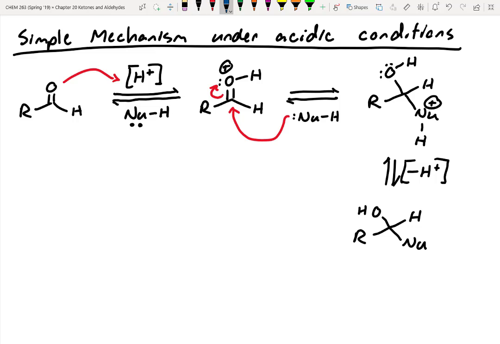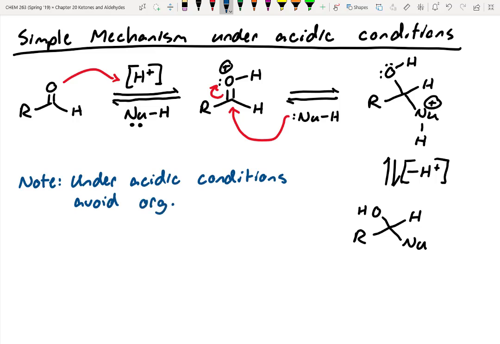All right, same sort of note as before. So under acidic conditions, avoid organic intermediates with a negative charge. Oh my goodness, my hands are just giving up on me.